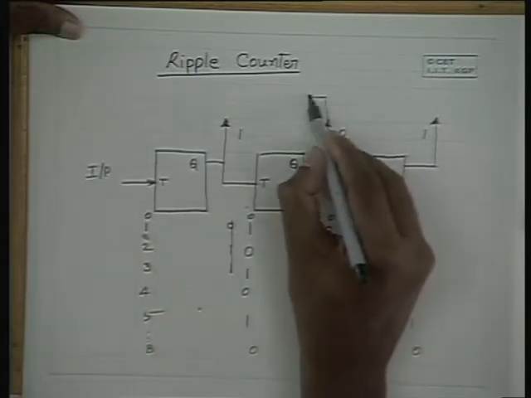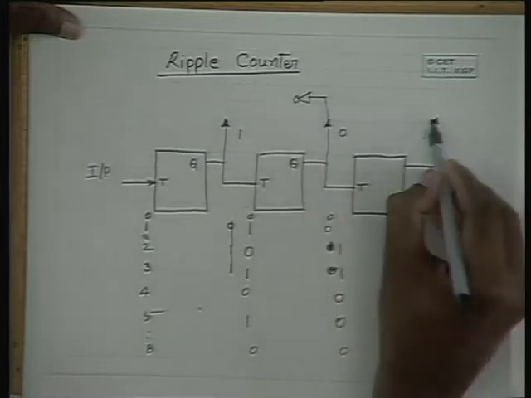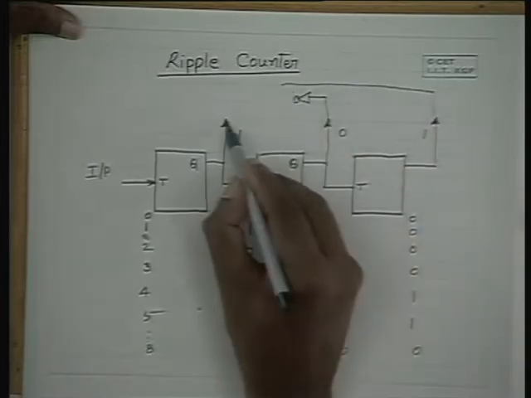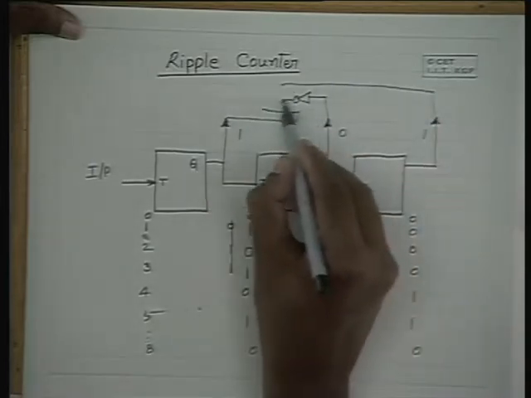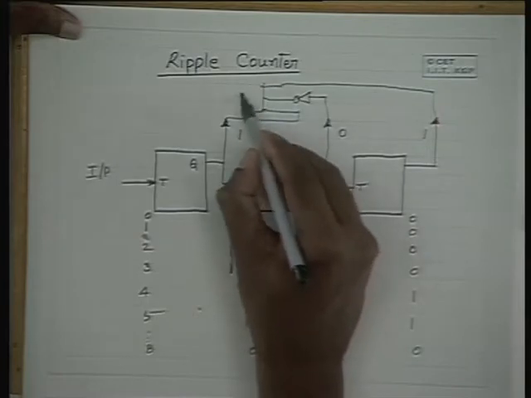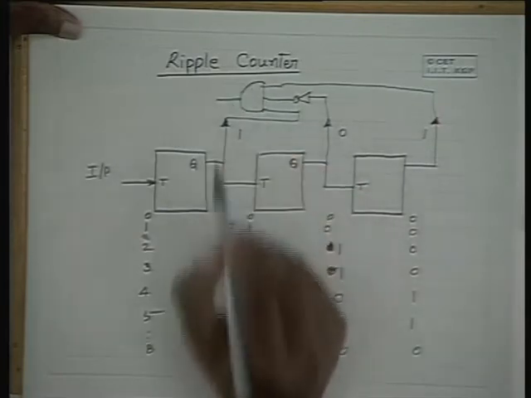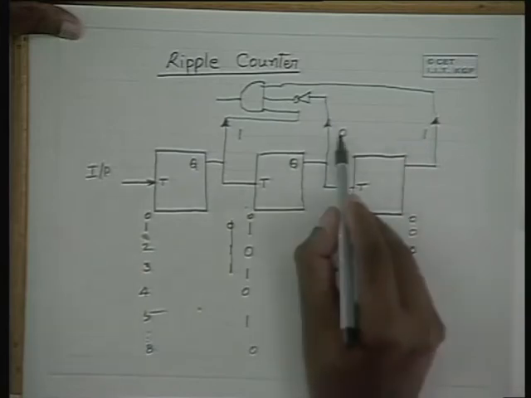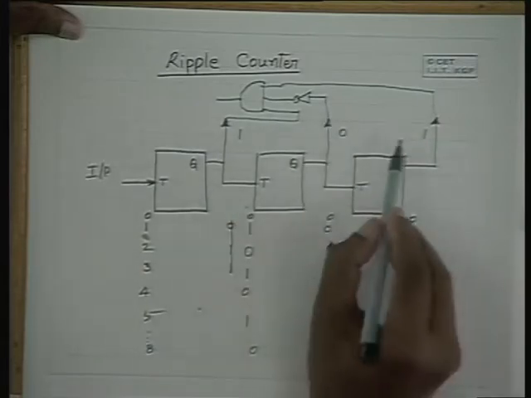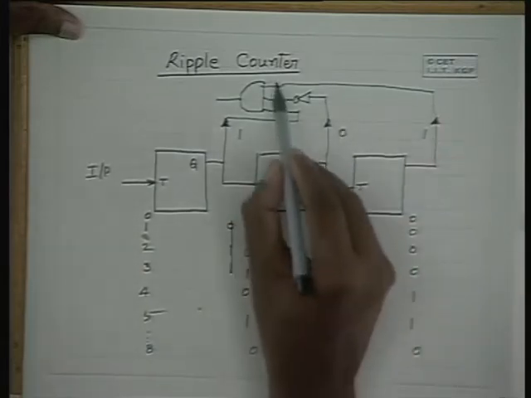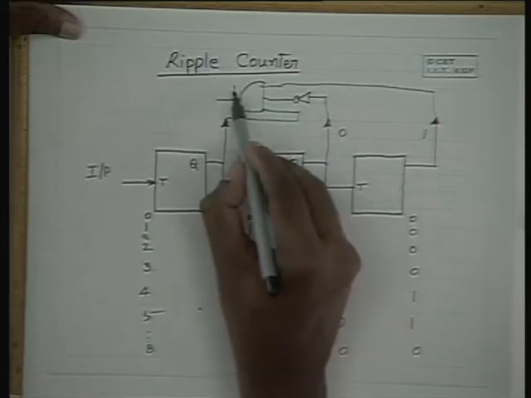You take one output through a NOT gate and the others as they are, and apply them through an AND gate. Please note that the AND gate will give a 1 only when there is 101 at its input. So when there is 101 here, there will be 111 here, and the output will be 1.